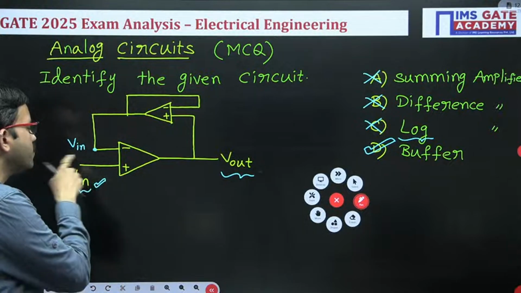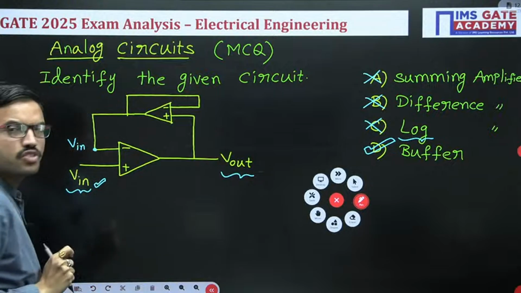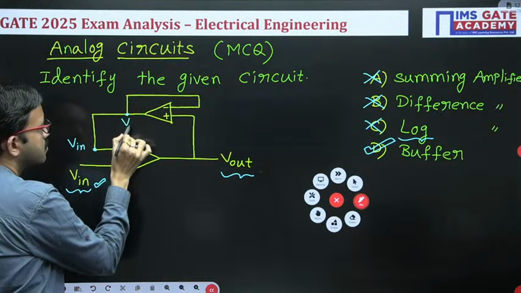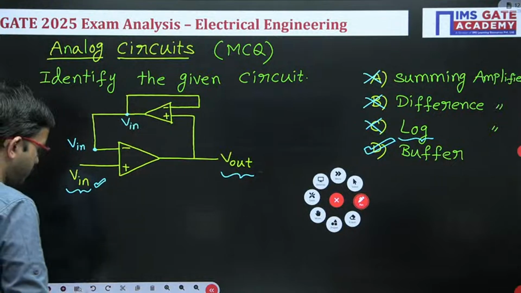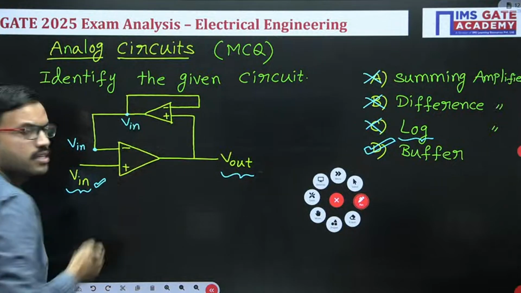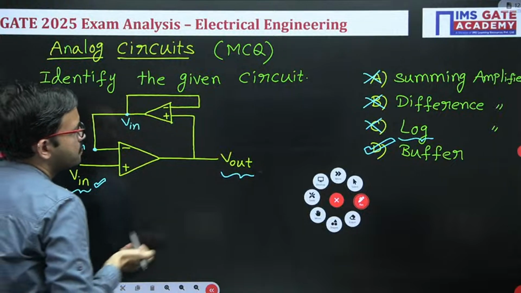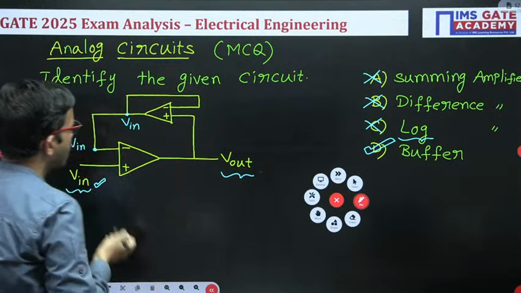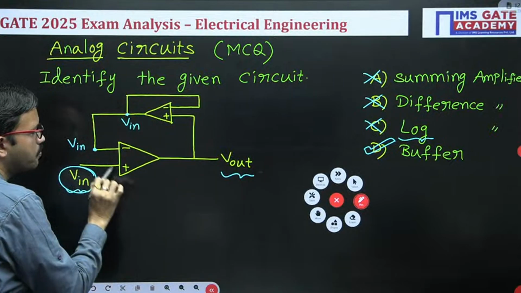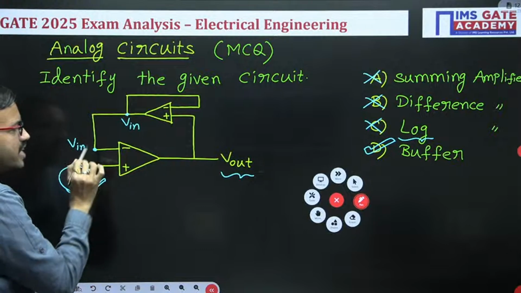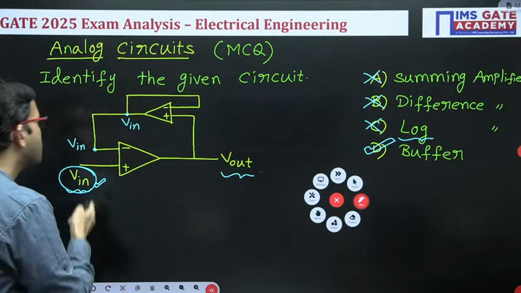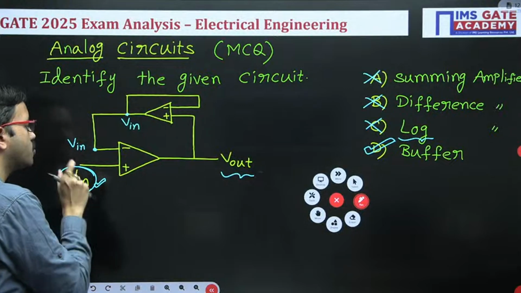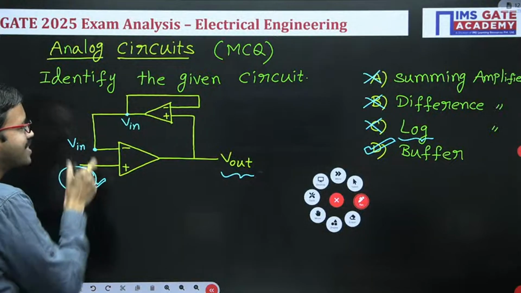Here also, same thing. Whatever voltage you're having at the positive terminal, exactly the same you're getting at the negative terminal. Suppose this voltage is 0, then here also 0. But if it is other than 0, whatever voltage you have here, exactly the same voltage you're getting.